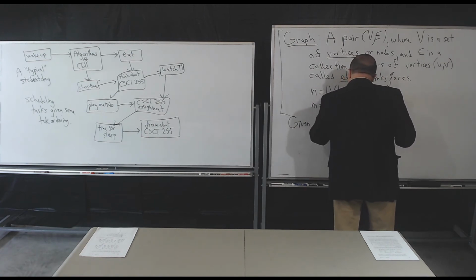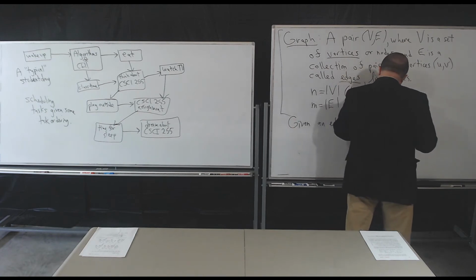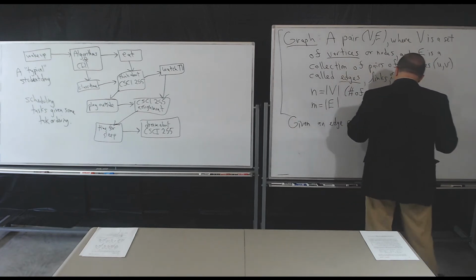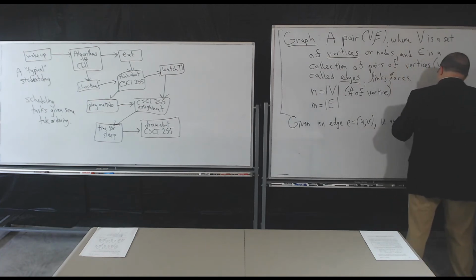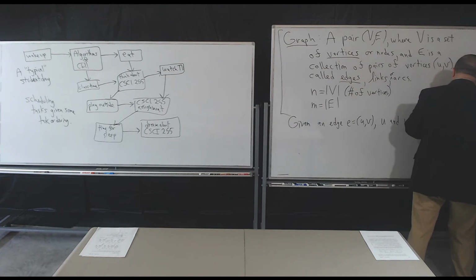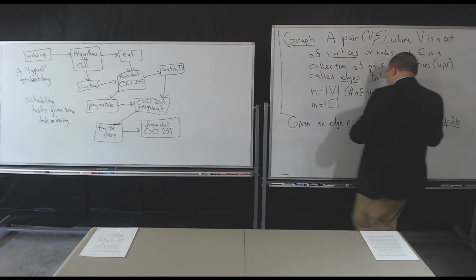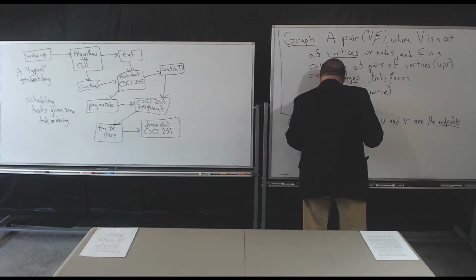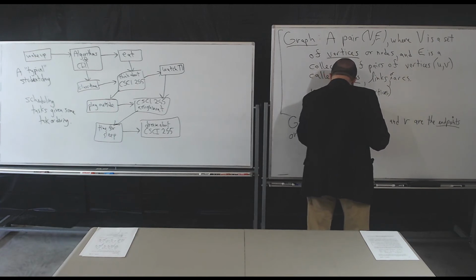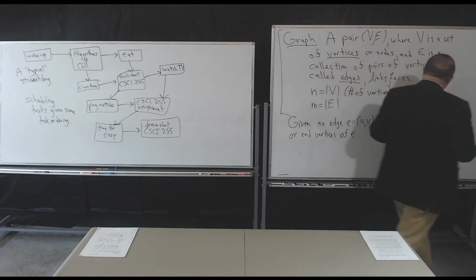So given an edge E equal to (U, V), U and V are the endpoints, or end vertices, of E. Why do we call it endpoints?